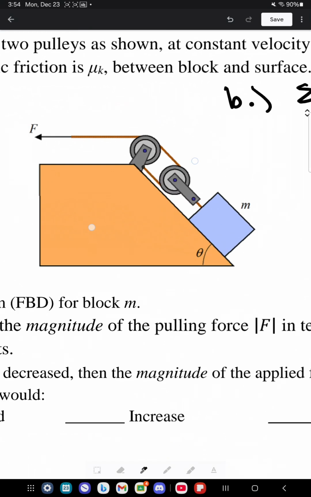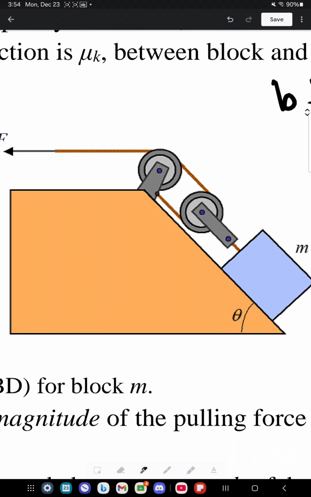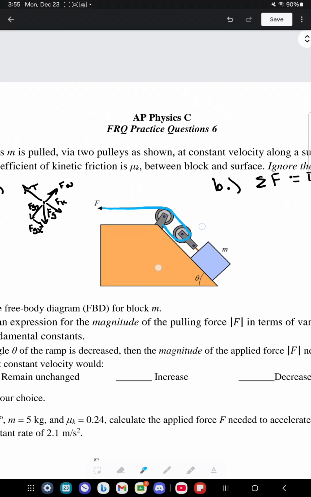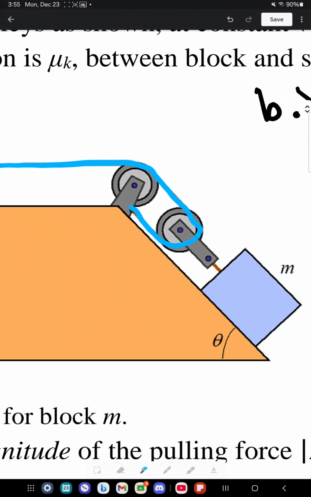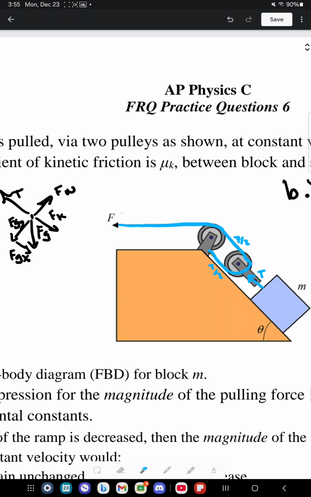We know that this is a singular rope that is going around these pulleys, and if I claim this is tension T, then the rope here is T over 2, the rope here is T over 2, and that makes F equal to T over 2.